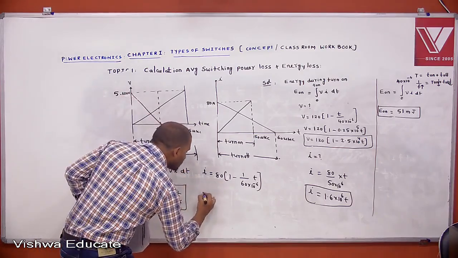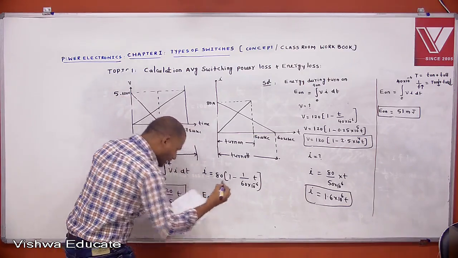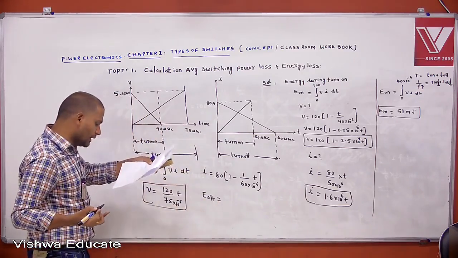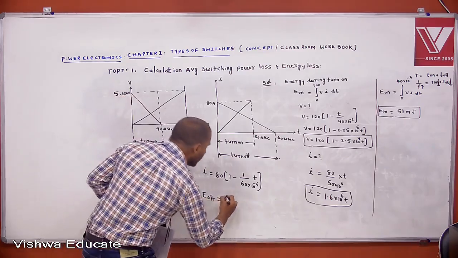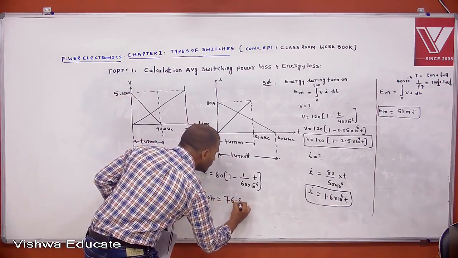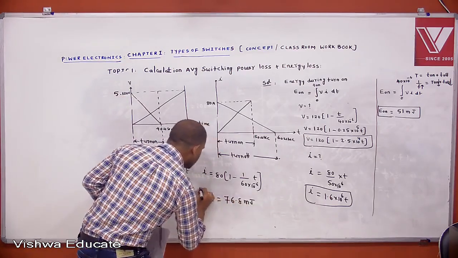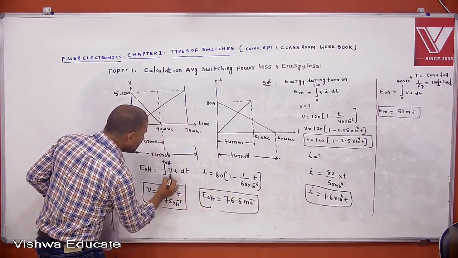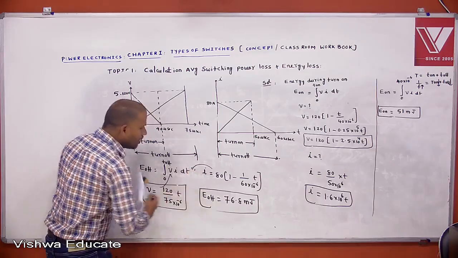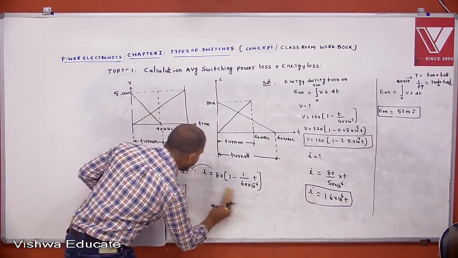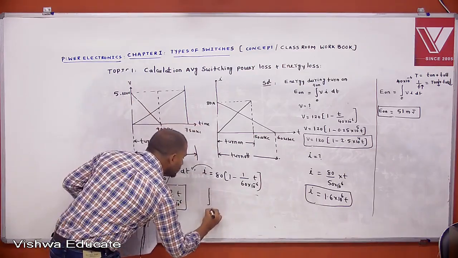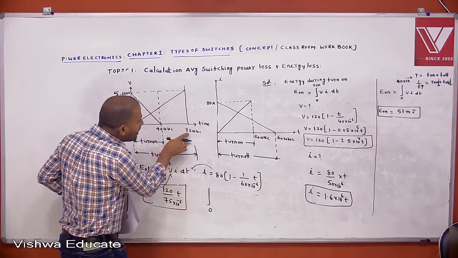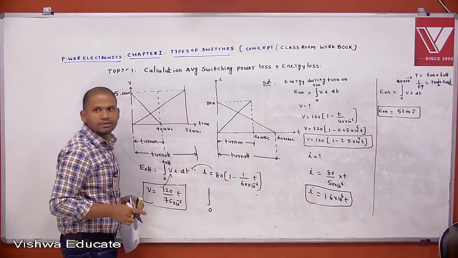Then what is the off state energy loss? Off state energy loss, by substituting this, we can get 76.8 millijoules. You substitute V here and I here. But before that, one point to remember: for the integral from 0 to, do you take 75 microseconds or 60 microseconds?